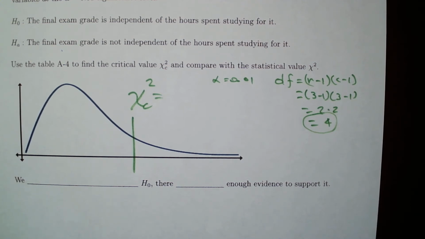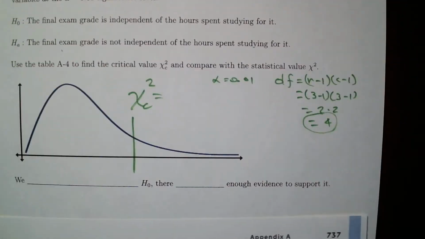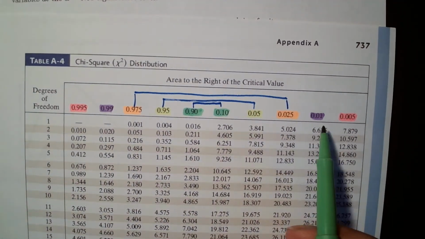Where did I put my table of values here? It looks like I lost my table. Oh, it's right here. All right, so 4 degrees of freedom, alpha 0.01.